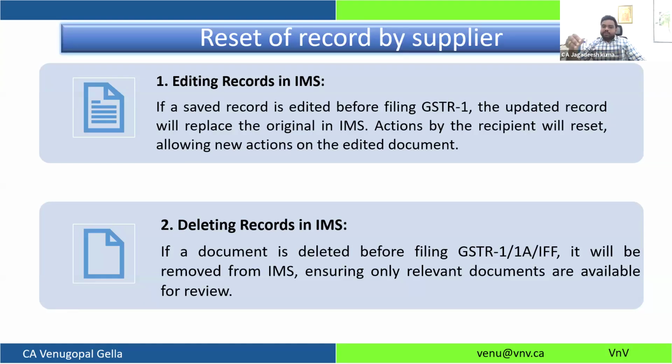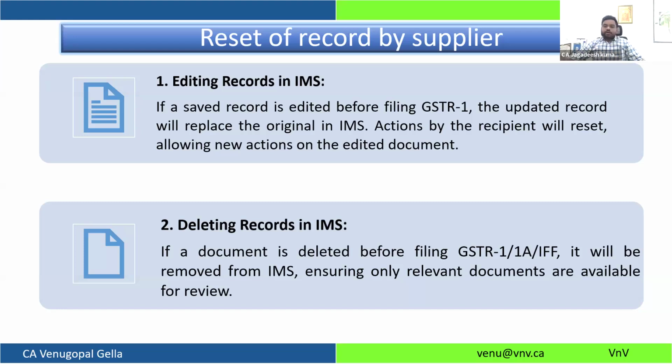Let's assume today's date is 10. He has uploaded one invoice, but he has not filed his GSTR-1. On the same day, on 10, I have accepted it. But on 11, he has edited a document. In that case, the action I have taken on 10 will get reset. We will go to the no action status.